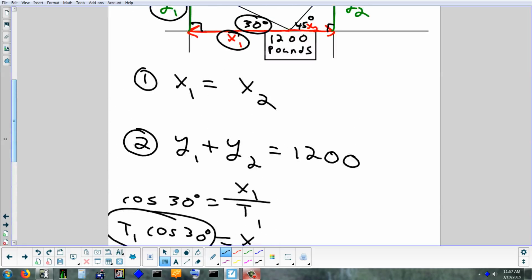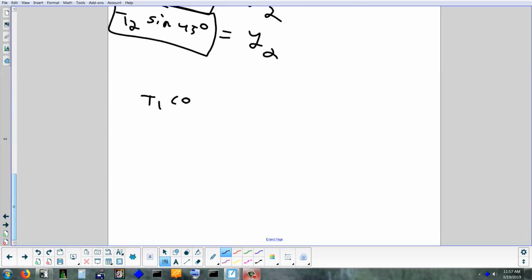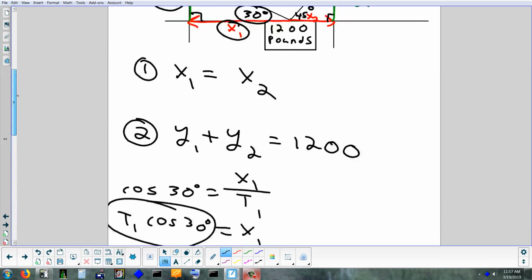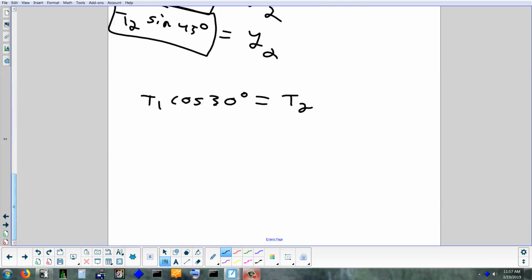x1 equals x2. T1 cosine 30 equals T2 cosine 45. Okay, that's my first equation.